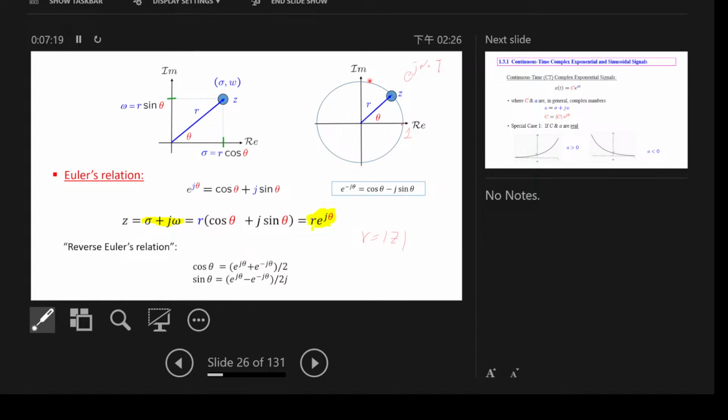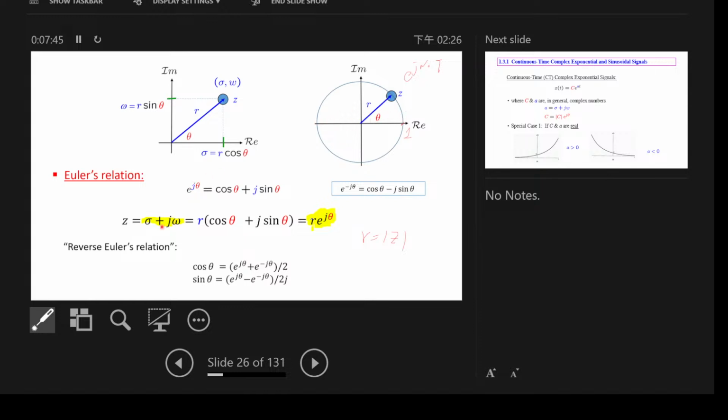Okay, so we think about a complex number as some number with a real part and an imaginary part. So the real part is sigma, the imaginary part is omega, and then we can also express it as its absolute value, so r equal to the absolute value of z, times e to the j theta, where theta is the angle between this line and the real line. Okay.